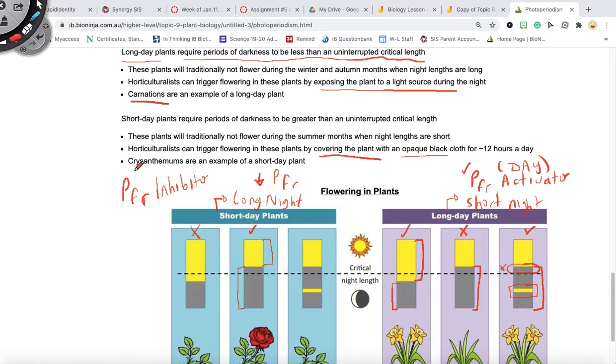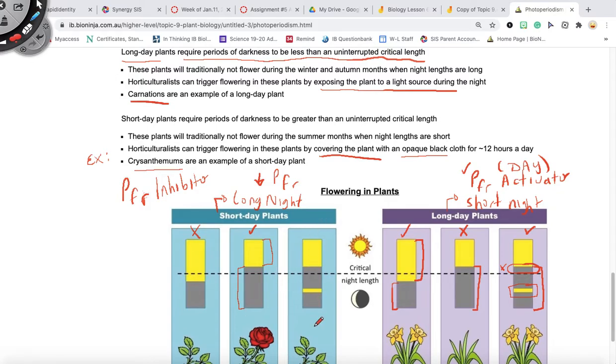So these chrysanthemums, which is a good example, the mums that you see in the fall, they're a great example of these short day plants. They can bloom in the summer if you cover them inside the laboratory, right? And you force them to bloom because you increase their night levels, critical night levels, okay?